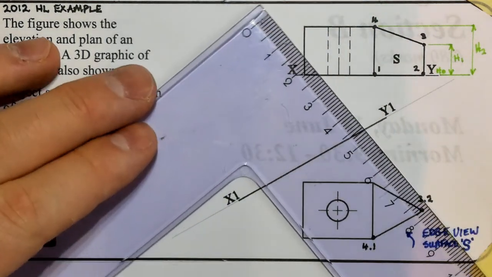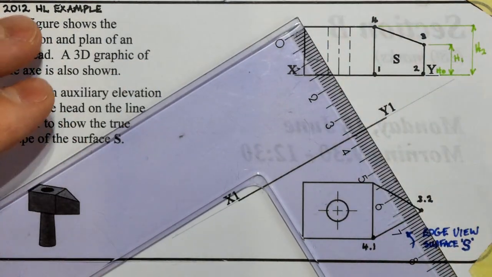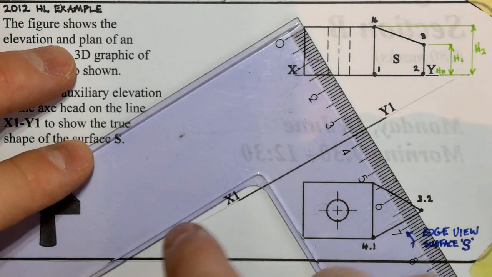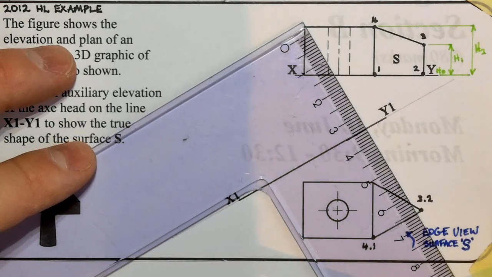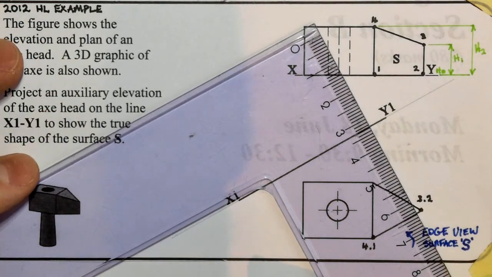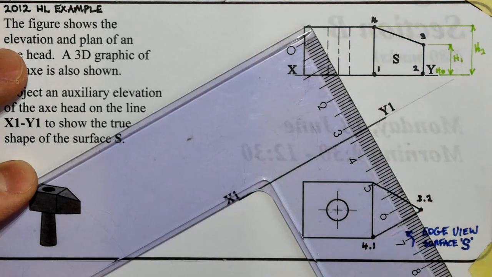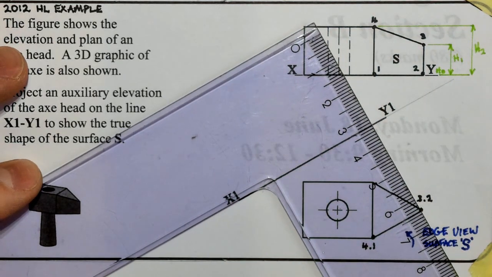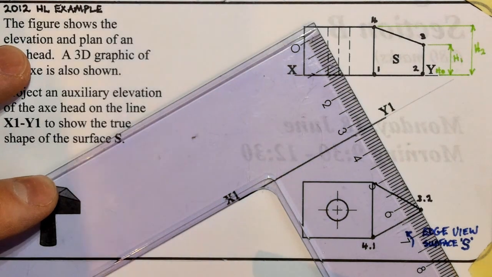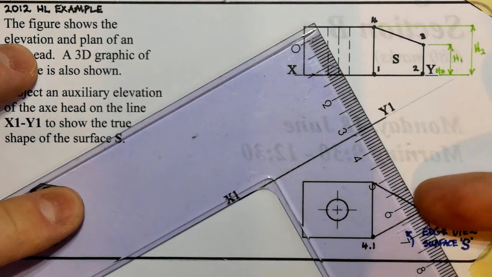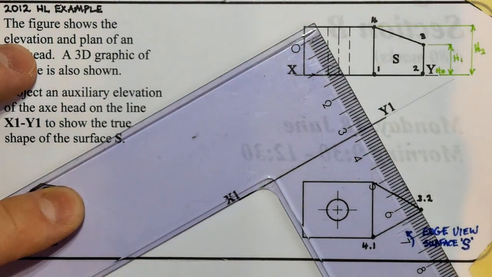and you can take your set square, and here's a little trick for you. I'm going to line up the inside line of my set square with the X1, Y1 line, like so, and it's the reason why I extended that line. And I'm going to line up the outside line of my set square with point 3 2, for example.